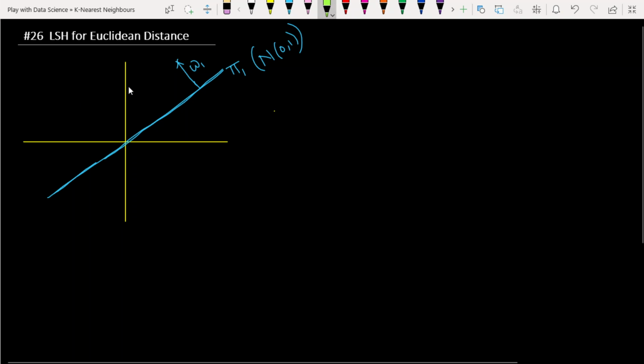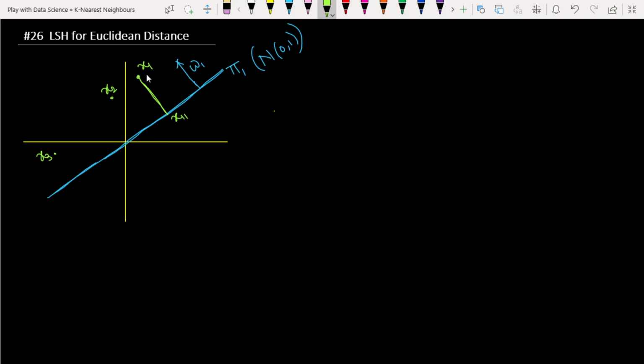Suppose we have points like this: here we have one point x1, here another point x2, and here another point x3. We first have to project these points onto our plane. Suppose the projection of the first point is x11, for this first plane pi1.